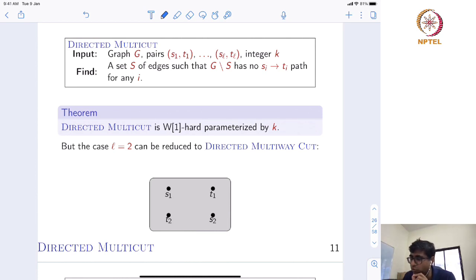So L equal to 2 actually can be reduced to directed multi-way cut. You want to kill all the paths from S1 to T1 and S2 to T2.